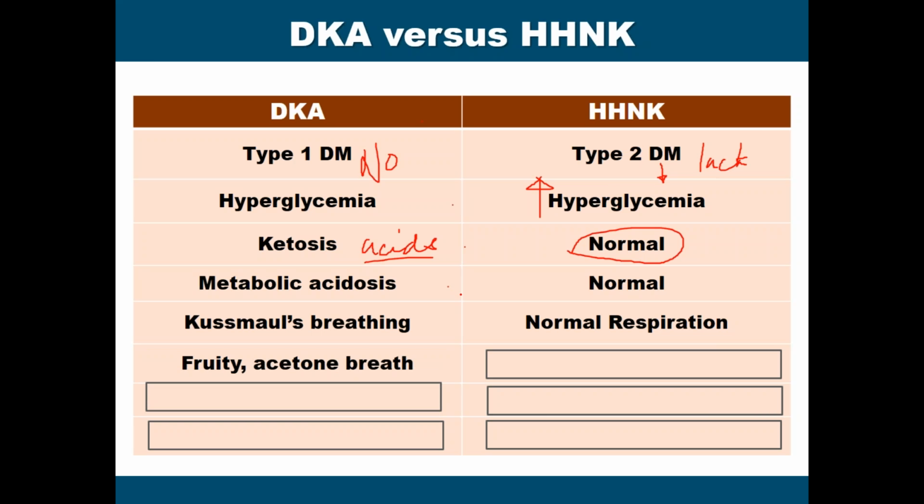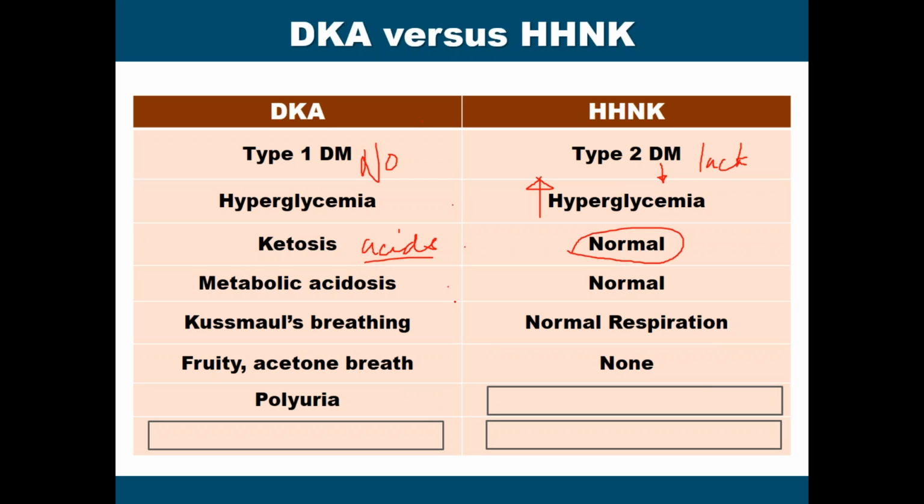In DKA, because of the ketones or ketosis, the patient has a fruity acetone breath. In HHNK, there is no characteristic change in the smell of the patient's breath. DKA is characterized by polyuria, and the cause of polyuria is the hyperglycemia. Hyperglycemia increases the osmotic pressure, which leads to an increase in urination.